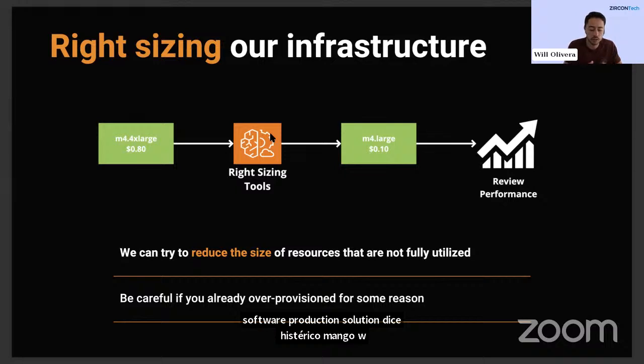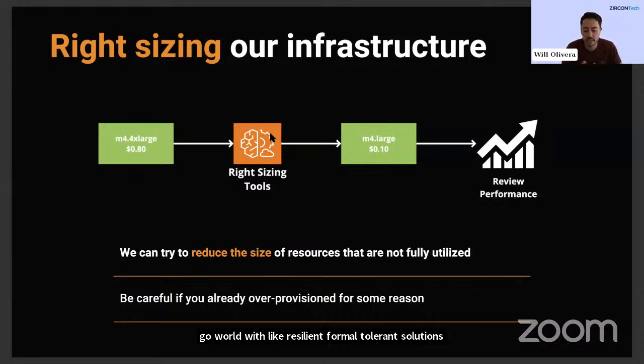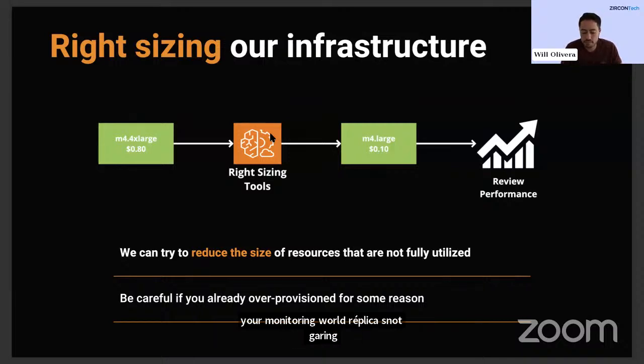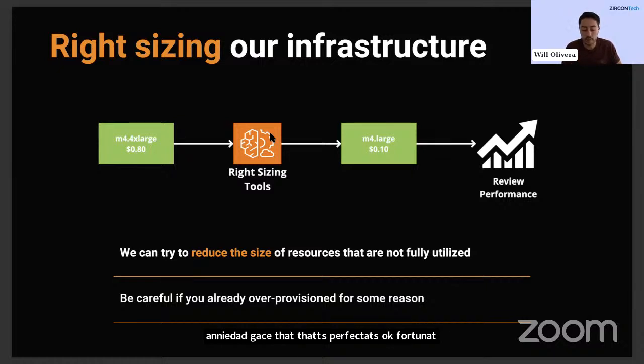We have the production configuration and we have the exact same thing replicated. So in that case, your monitoring will show that second warm replica is not getting any traffic. And in that case, that's perfect. That's okay for that scenario. But beyond cases like that, there's probably a potential for improvement.